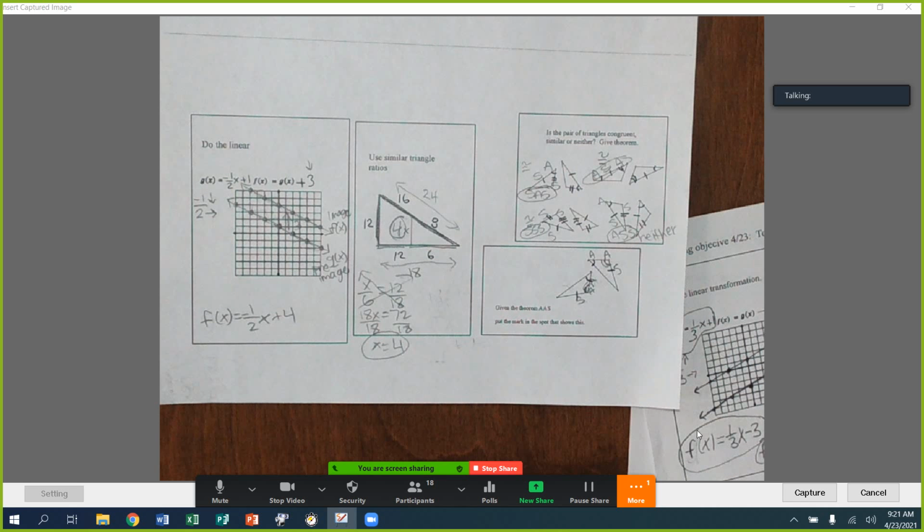And you do x over 6 equals 12 over 18, and then cross multiply. This is beautiful, Victoria, because you're smart. Can you give me another ratio that I could use to solve for x that doesn't quite match that one, but would still give me the same answer? You can do x over 8 and 12 over 24.